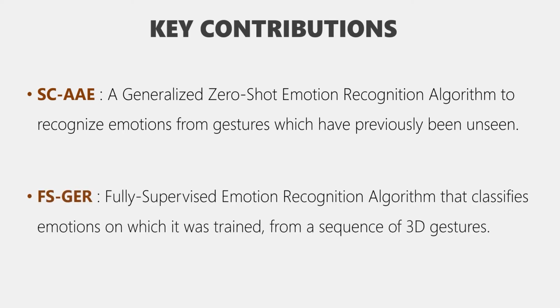The second part of our contribution is FSGER, which is a fully supervised method to classify trained, meaning seen, emotions from gesture sequences. In our pipeline, we use the pre-trained FSGER model to extract the feature vectors from both seen and unseen gesture sequences before being subsequently used by the zero-shot framework. The paper gives a more thorough description of these two methods.